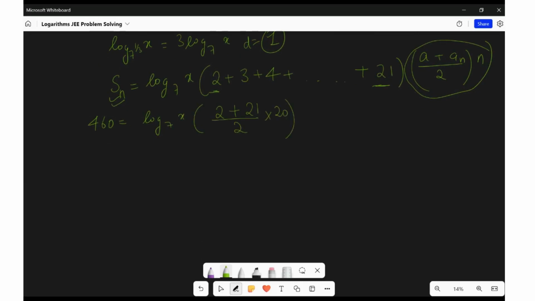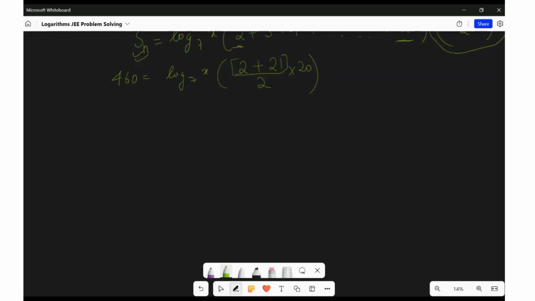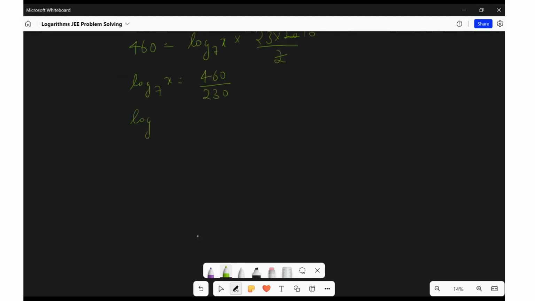Now 460 is log x base 7 into 23 into 20 by 2, which is 230. So log x base 7 is 460 by 230, which is 2, and 2 can be written as log 49 base 7, which is equal to log x base 7. So x is just 49.